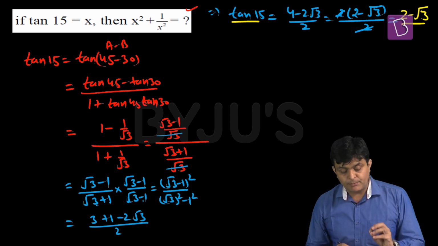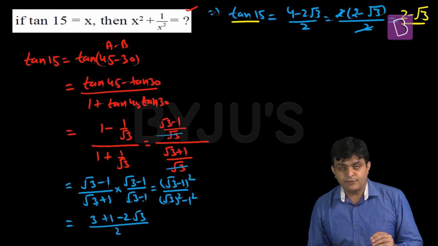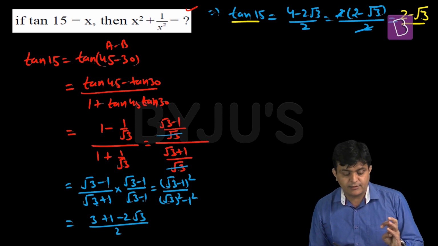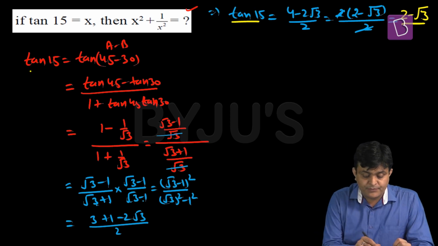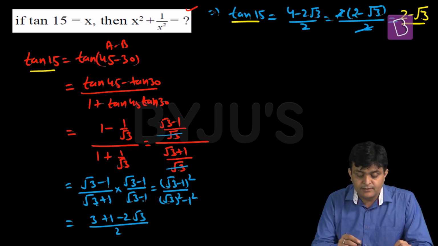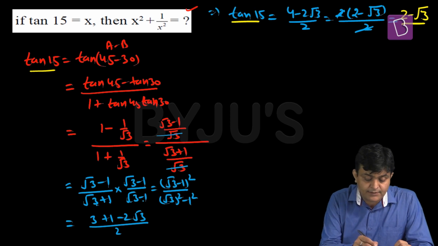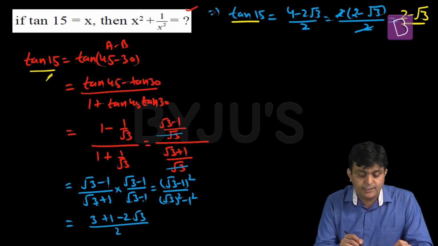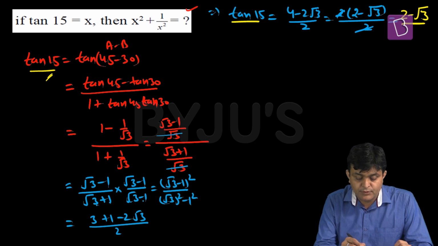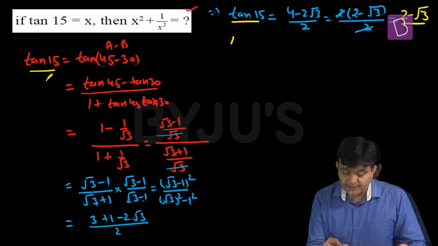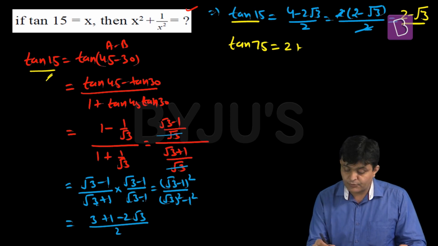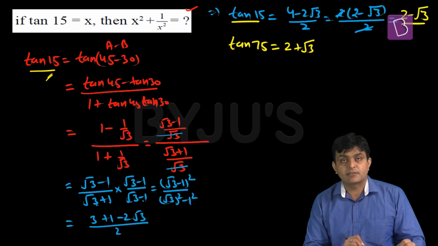But we have to remember the value of 15 for sine, cos, tan, cot as well, and 75 also. How can we create it? Say tan 15 is tan(45 minus 30). If it is 75 in place of 15, it is 45 plus 30 and remains the same. tan 75 must be, so the final result is 2 plus root 3.